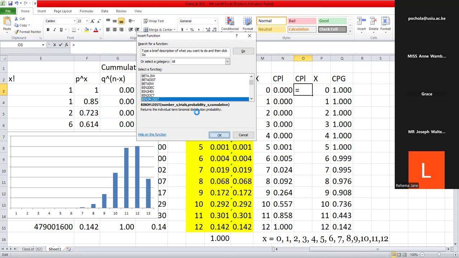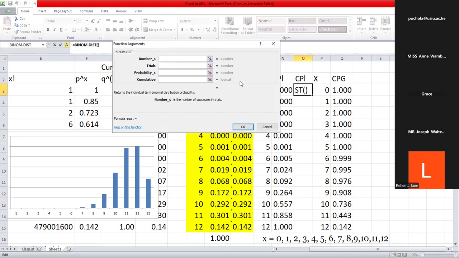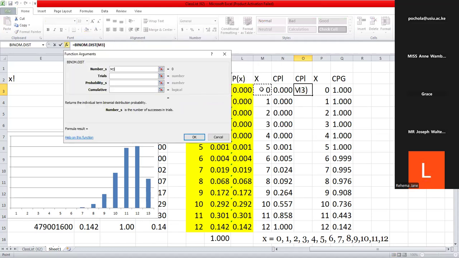Then OK. The same thing. Probability of x equal to 0, I pick x equal to 0, which is this one here. The number of successful surgeries is here. The number of trials was 12. The probability of success here was 0.85.